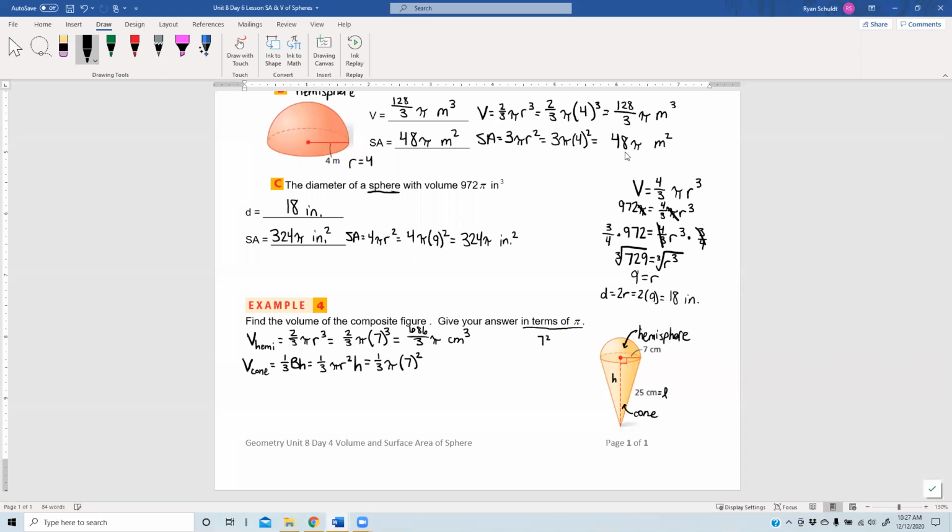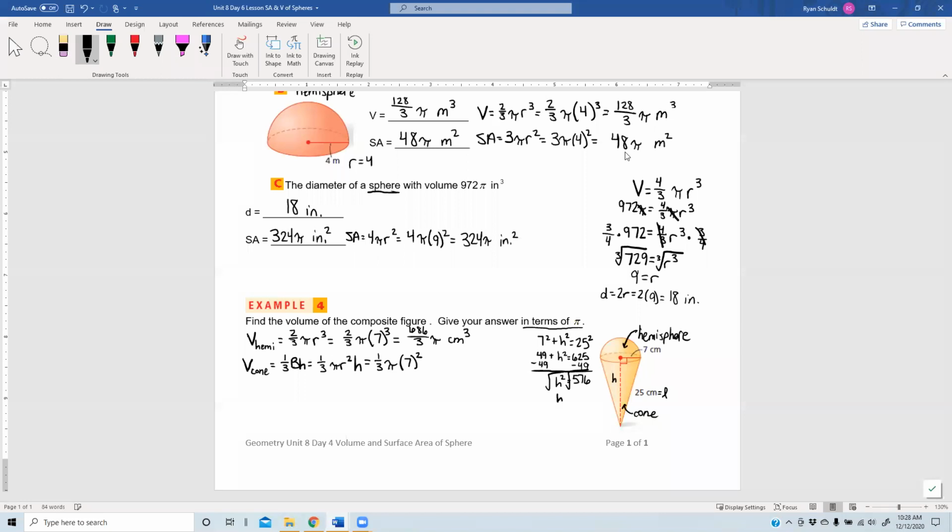So we're going to have to get h. But we can do that because we know the Pythagorean Theorem. So 7 squared plus h squared equals 25 squared. 7 squared is 49. 25 squared is 625. Subtract these. We're going to get h squared equals 576.